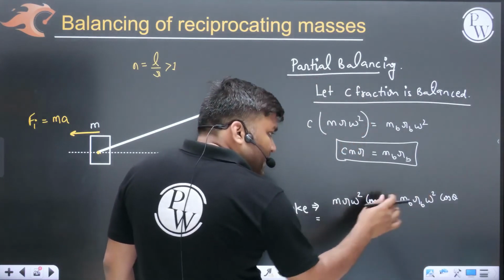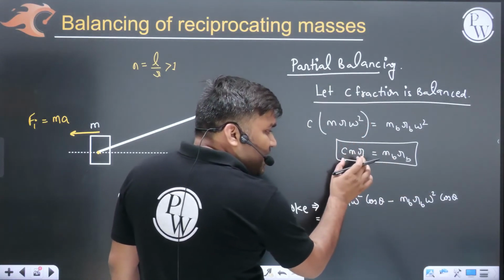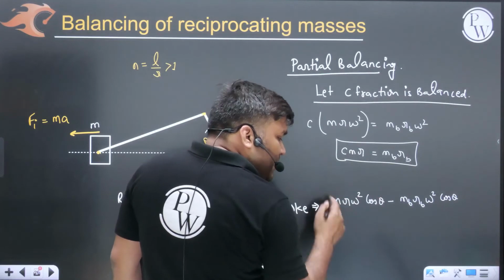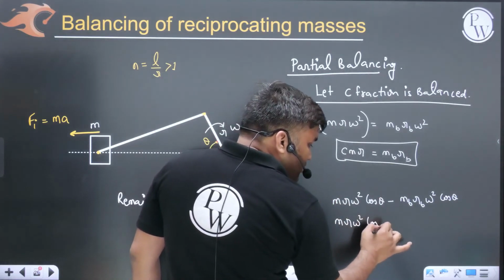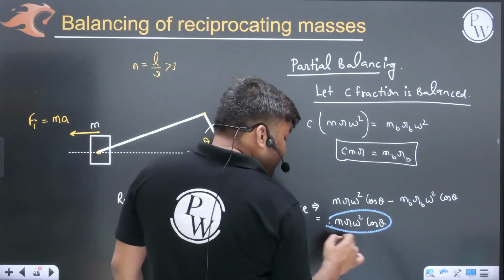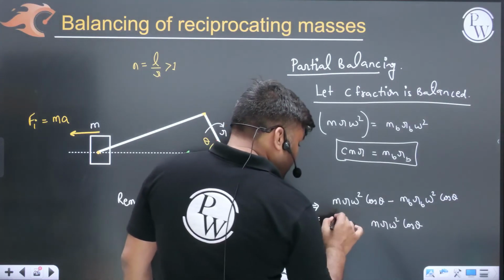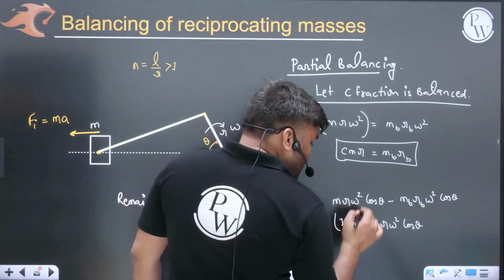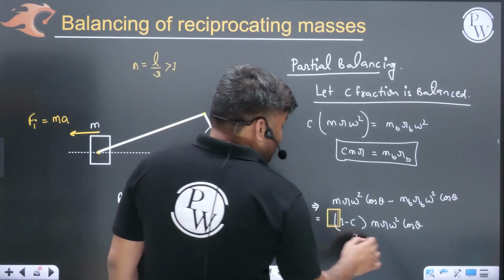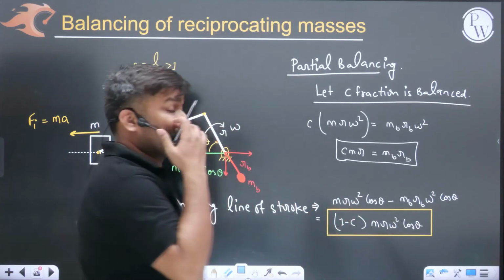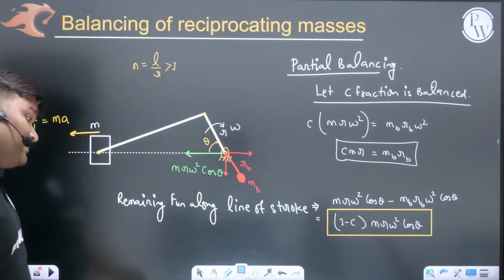If mb rb can be replaced by c m r, can I take common this entire m r omega square cos theta? Within the bracket what will be left? Sir, you will be left with 1 minus c. Clear, beta? Even after you have done partial balancing, this is the unbalanced force which still remained there.